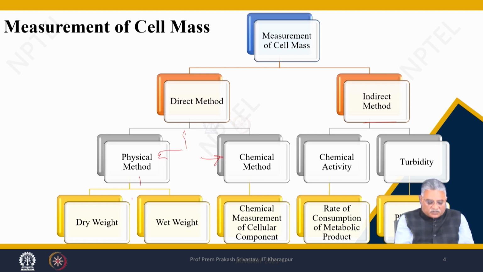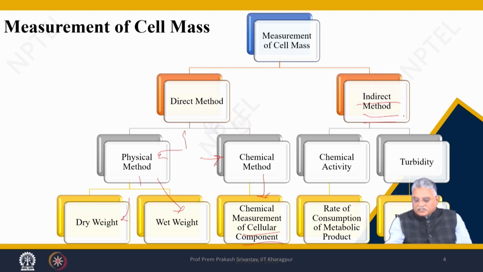The physical method includes dry weight basis, wet weight basis, and the chemical method includes the chemical measurement of cellular components, whereas the indirect method includes chemical activity method and the turbidity measurement. Chemical activity method includes the rate of consumption of metabolic product, and turbidity measurement includes the photometric study.